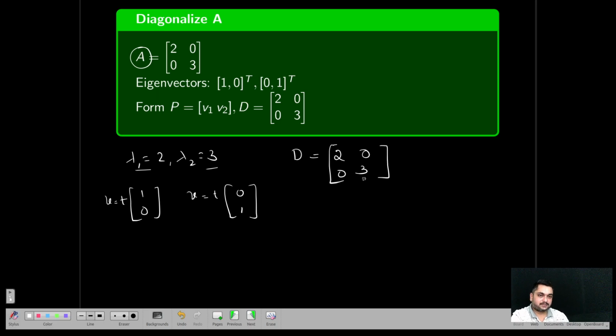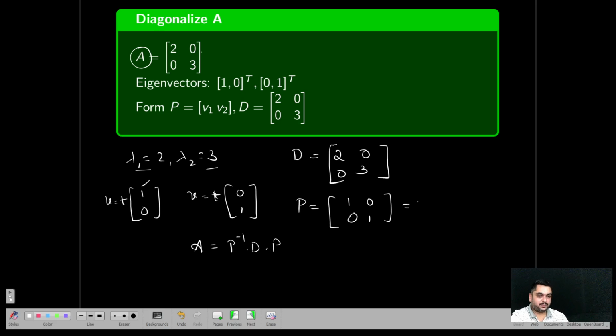I'll get the same matrix. If you solve some more problems, you'll understand. Then what will be my P matrix? P matrix is these vectors. There are two vectors, [1, 0] and [0, 1]. This is my P matrix. What is the condition? A should be equal to P D P inverse.